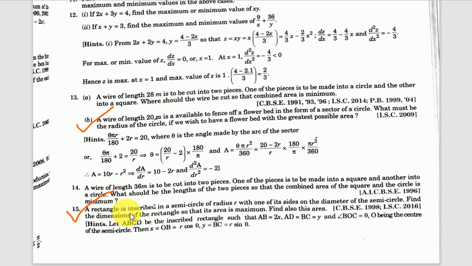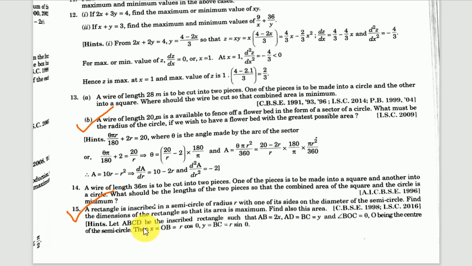A rectangle is inscribed in a semicircle of radius r with one of its sides on the diameter of the semicircle. So there is a semicircle whose radius is r. Here r is fixed for us. In that semicircle we have got a rectangle, and one side of the rectangle is on the diameter of the semicircle.